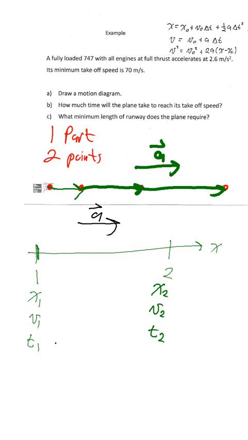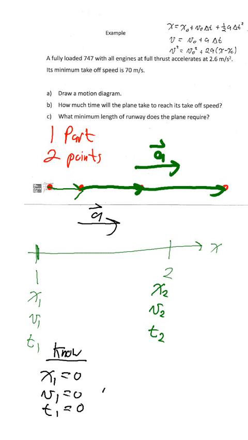So we can go ahead and make our table of what we know and what we want to find. So in this coordinate system, the value of x1 is equal to 0. The value of v1 is equal to 0, and we can start our experiment at t1 equals 0. Alright, x2 is one of the things that we want to find.